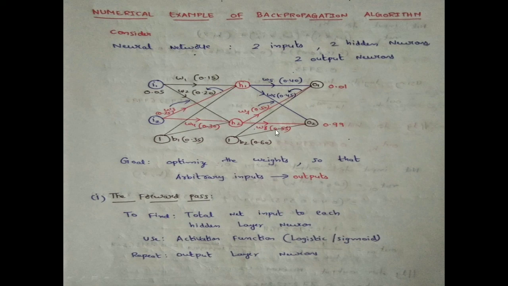Only after calculating the updates in these weights also will we be able to reduce the error between the desired output and the actual output we got. We wanted to minimize the error, right? To minimize the error only, we are updating the weights. Till now we have updated the weights in the output layer. Now we are going to update the weights in the hidden layer. These updates we will be discussing as part of the next class. Thank you.